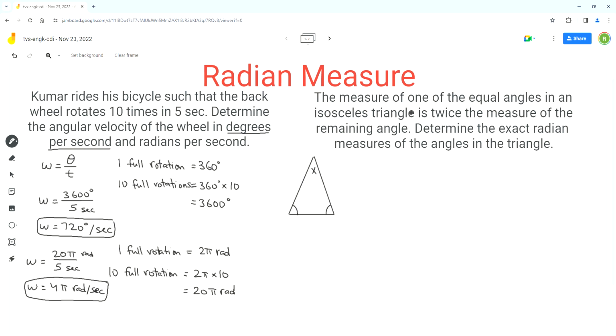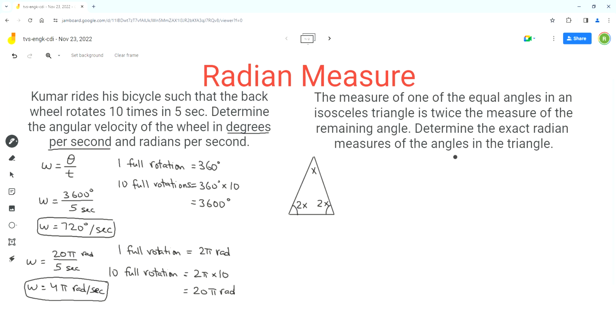That means the measure of each of these equal angles is 2x radians. Now we are using the unit radians because as per the question, determine the exact radian measures of the angles.